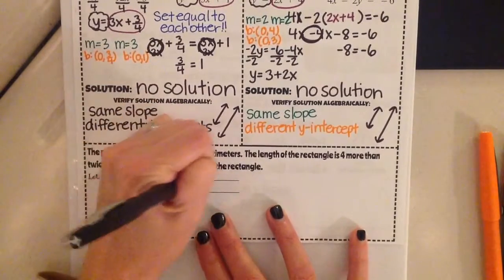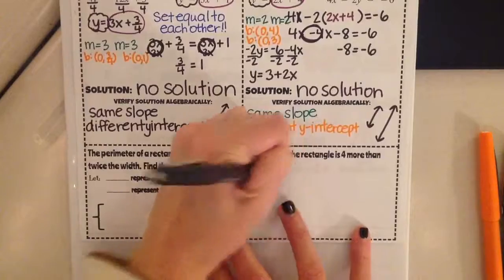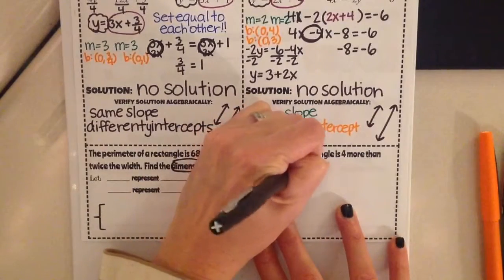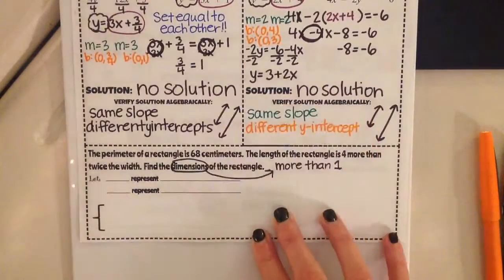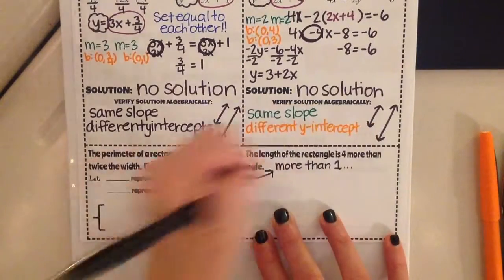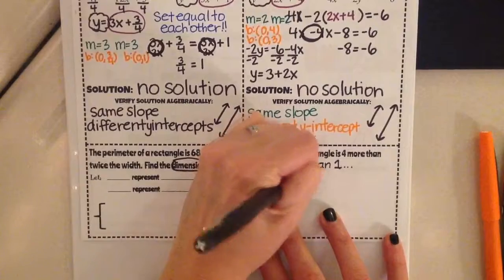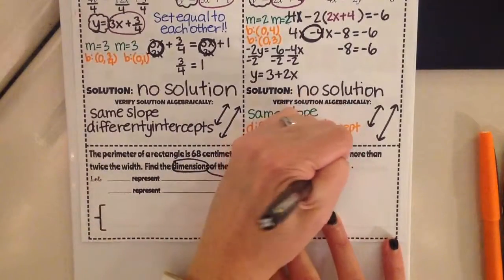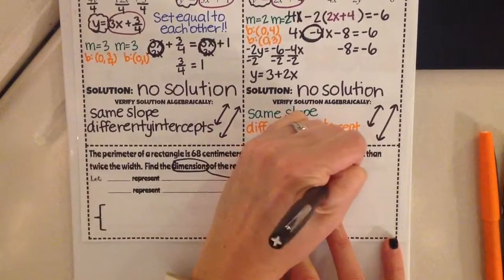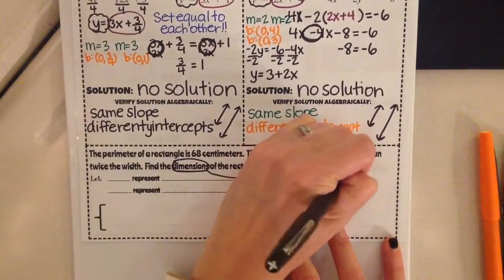It's plural, which is telling you that there's more than one dimension. Remember, dimensions is another word for side, so it's really asking you for which sides of the rectangle.